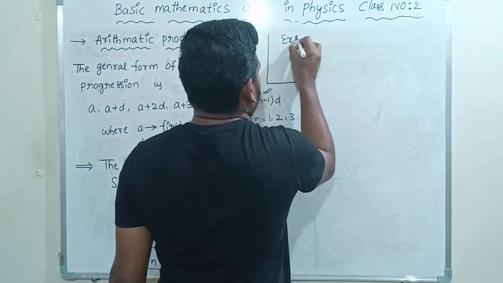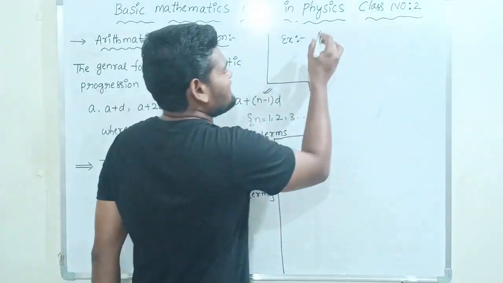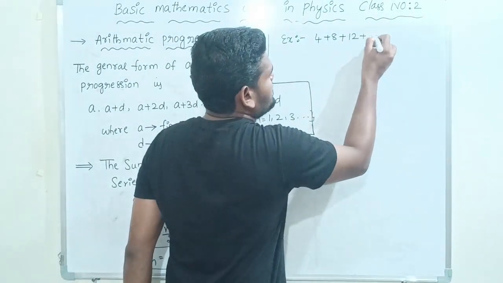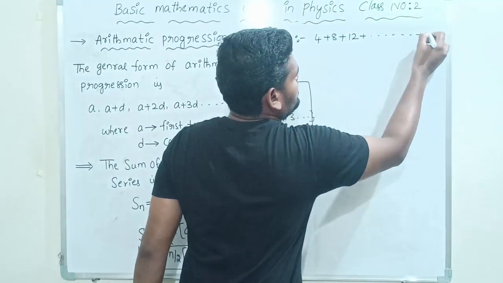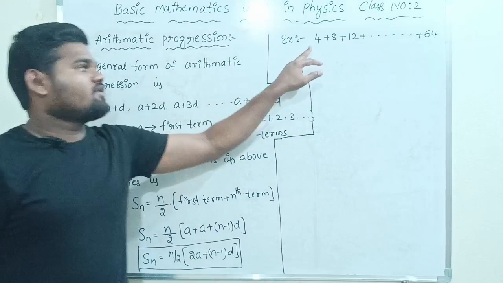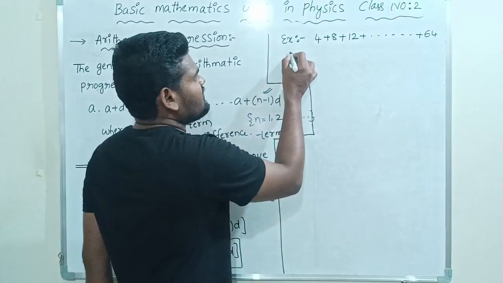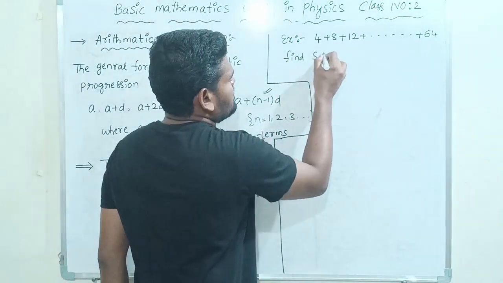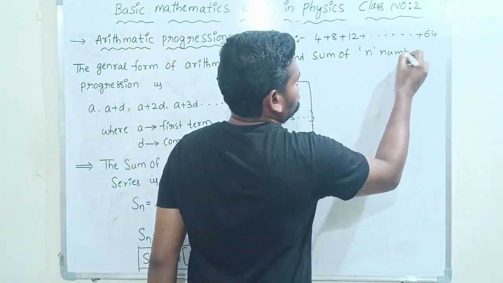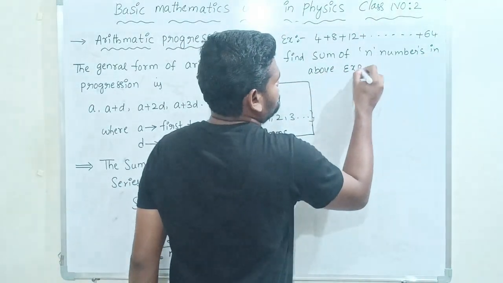So example. If the series is like this, 4 plus 8 plus 12 plus and so on plus 64, find the sum of n numbers in the above expansion.